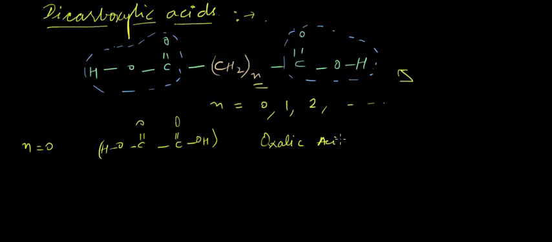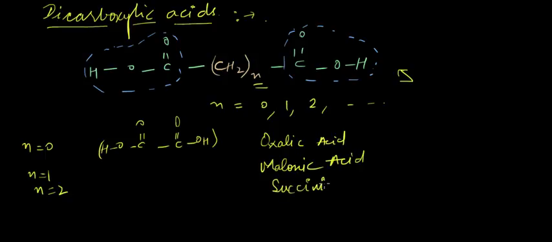When n equals 1, this is called malonic acid. When n equals 2, this is called succinic acid. When n equals 3, it's called glutaric acid.